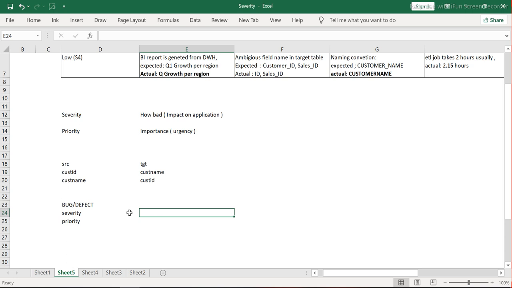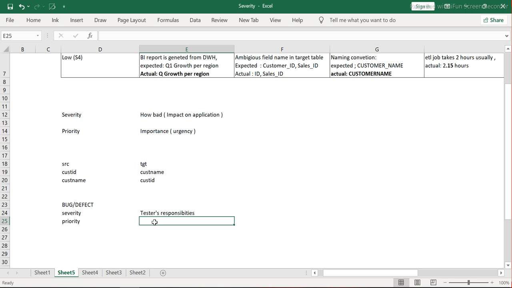So who normally decides the severity? As a tester, if you are testing it, you know what functionality is getting impacted because of this particular bug, right? So I will say it is the tester's responsibility, guys. Now, priority, guys.